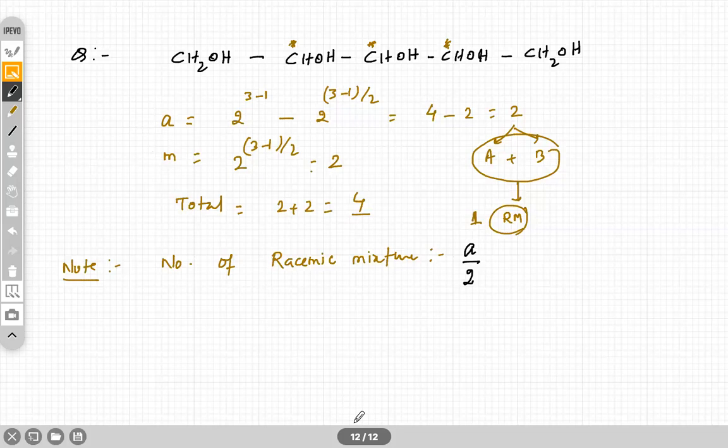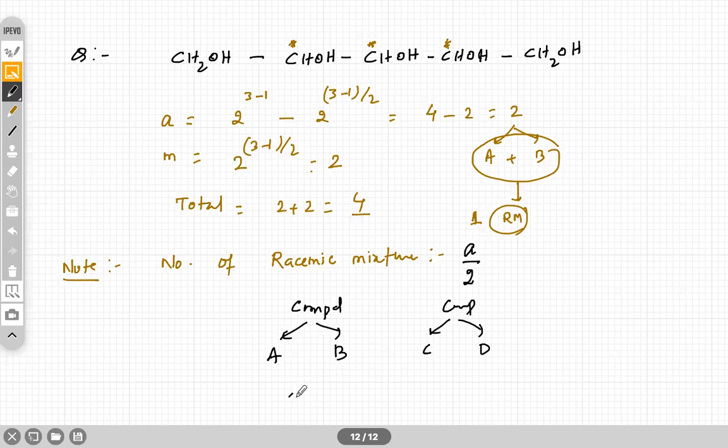No, it is not. Combination is not possible. Suppose you have a compound, and it has two optically active forms, A and B. You have another compound, it has also two optically active forms, C and D. So you cannot mix A and C. This won't give you a racemic mixture.